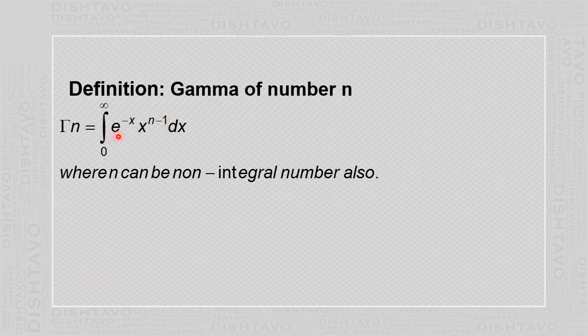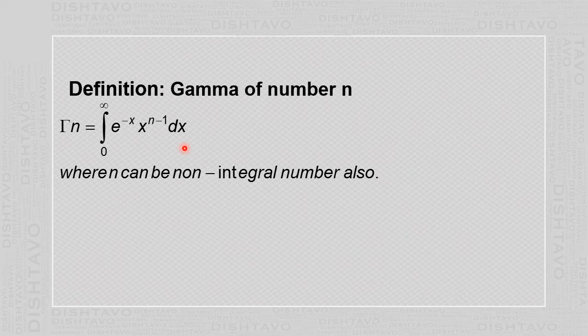So this integrand is a product of two functions, e raised to minus x and x raised to n minus 1. Now by the regular method you can evaluate this integral by integration by parts.